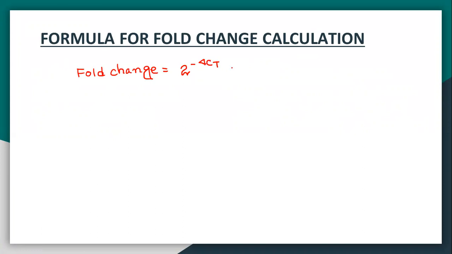So delta CT equals the treated sample minus the internal control.